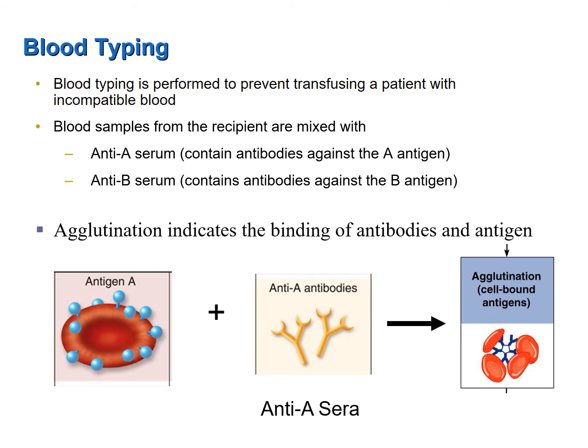That would tell us that there were definitely A antigens present. We would then mix a second sample of blood from the same individual with anti-B serum, trying to determine if there were B antigens present. And the result of that mixing would tell us whether this sample of blood was A or AB.